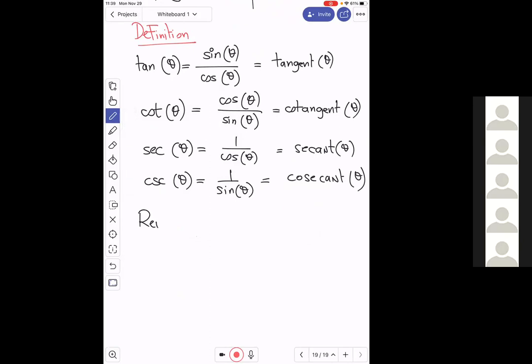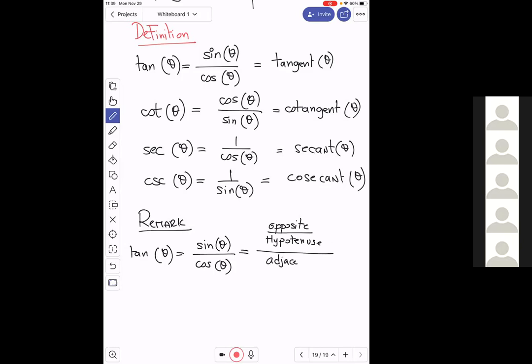So for example, if you define tangent as sine over cosine, but then we said sine is supposed to be the opposite side over the hypotenuse, and cosine is the adjacent side over the hypotenuse, right? That's just the definition of sine and cosine.